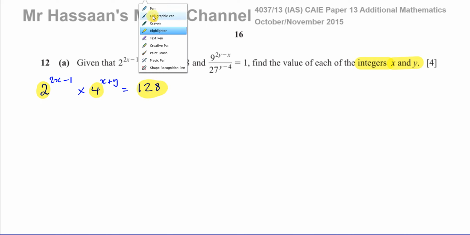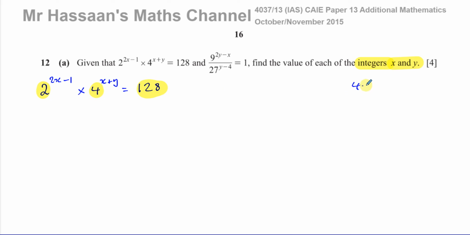After a little bit of thought, you'll realize that 4, I can express as 2 to the power of 2. And 128, well, I know 2 to the power of 5 is 32, 2 to the power of 6 is 64, so I can express it as 2 to the power of 7.